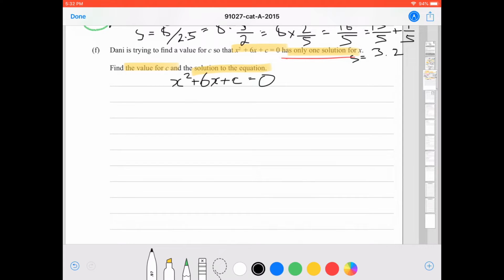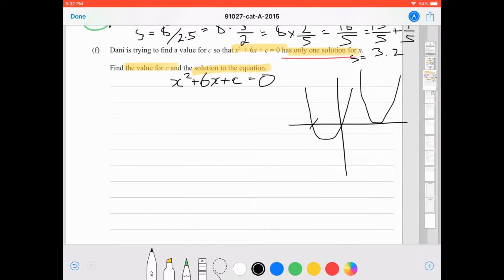If we were to draw this situation, again we've got our graph, and one solution for x means one root. And so we've got a parabola, it's a positive parabola, and so it touches the x-axis only once. Now that's opposed to, let's say, normal quadratics where you have two roots, so it crosses over the x-axis twice.